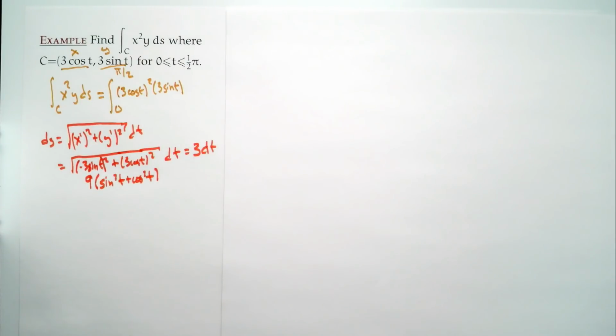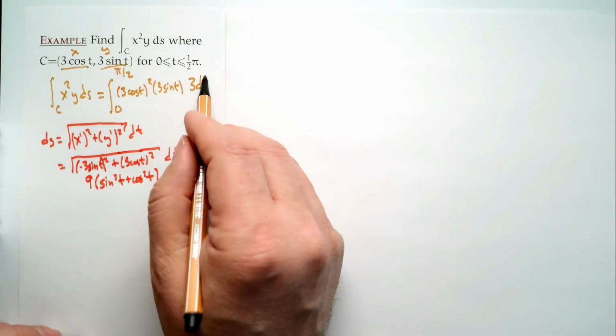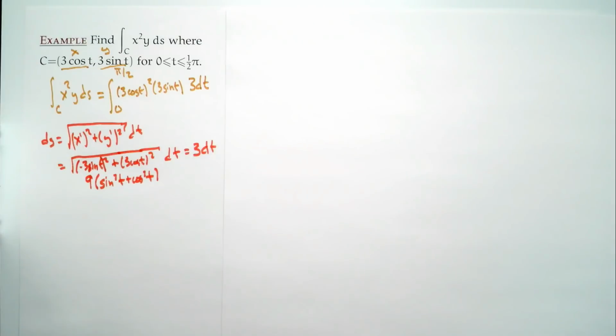This was a case where the square root worked out nicely. Sometimes it does, sometimes it doesn't. All right, so we've done the hard part. As we said, let's take our line integral, which is over this curve. We've now expressed it as an integral over our parameterization, where everything now depends on our parameter t.